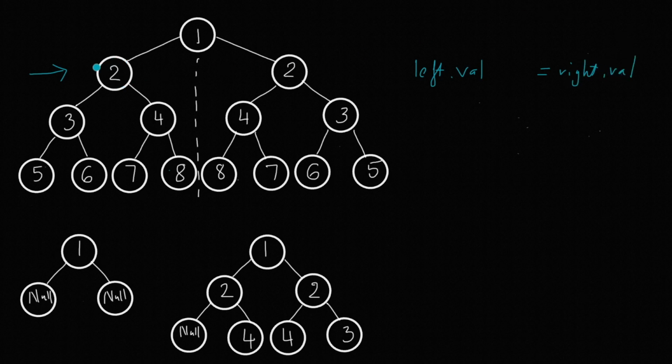So in this case, 2 and 2 are equal to each other, then we move on to the next level. At this level, we have to compare the left child of the left, which is this node right here, 3, to the right child of the right, which is this node right here, 3.